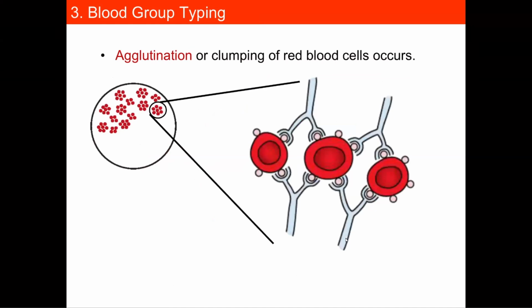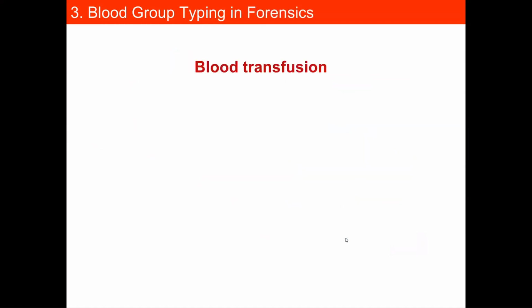You can see here, they just zoom in for you, how it's going to look when the antibodies, the example they give, so this should be antibody A and this is antigen A, for example. That is basically the role of agglutination inside your blood.